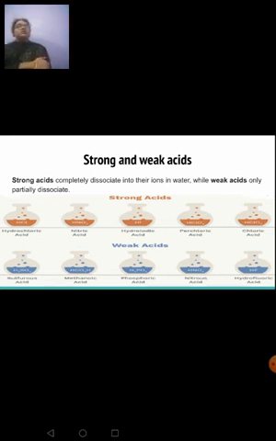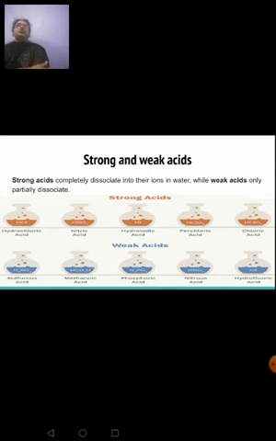While weak acids dissociate partially. Okay, I've given a few examples of strong and weak acids here. Hydrochloric acid, nitric acid, sulfuric acid, these are all strong acids, and these acids are used in our laboratory. And then weak acids, examples are given here: sulfurous acid, methanoic acid. These are the examples of weak acids.